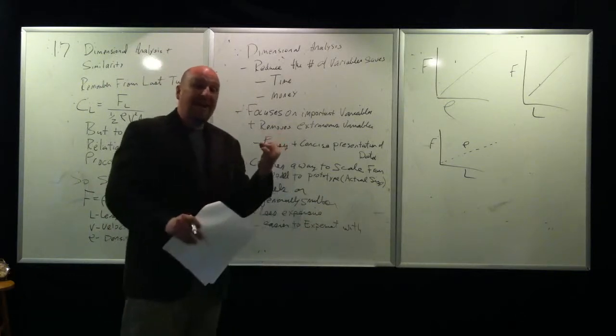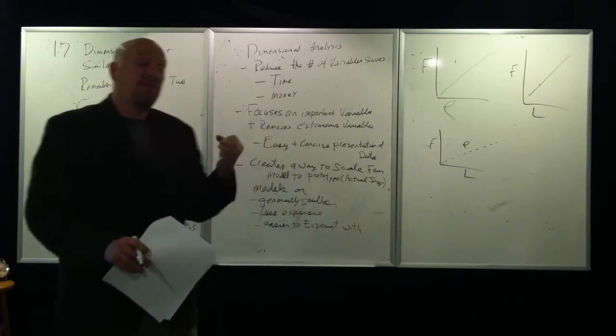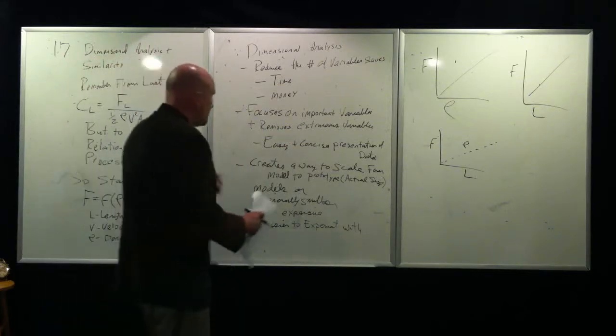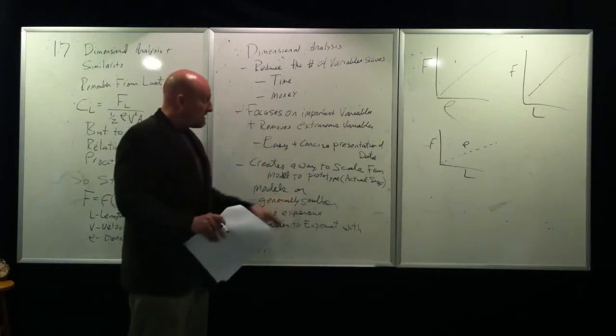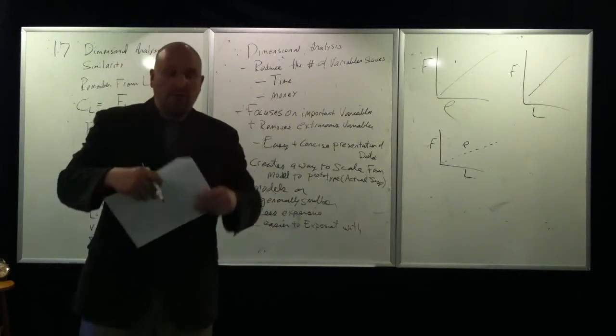Now if you have something that's very, very tiny, building something at a much, much smaller scale, it's going to be difficult to actually perform experiments on, so you can make a little bit larger model and then scale down. So it works in both.